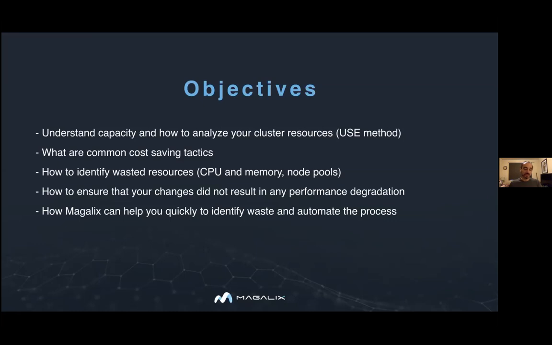As you go through this exercise of cutting cost or at least eliminating waste, you want to make sure you're doing this in a way that does not impact your performance, because that's the worst thing to have: cutting your costs, but then also impacting your performance, getting into a performance degradation issue. And we'll show you how Magalix can also help you in that journey, making some of those steps a little bit easier and more automated, because that's really the trick.